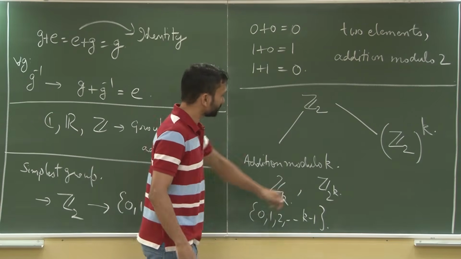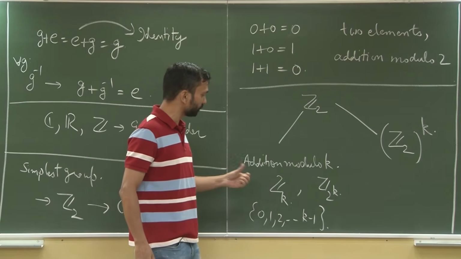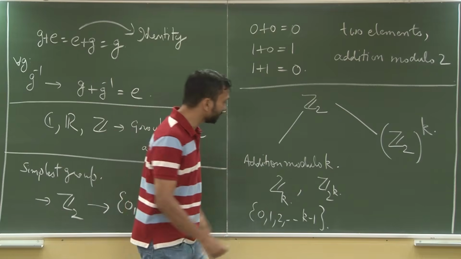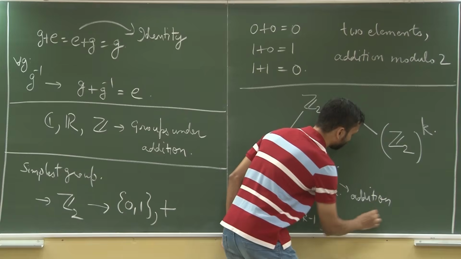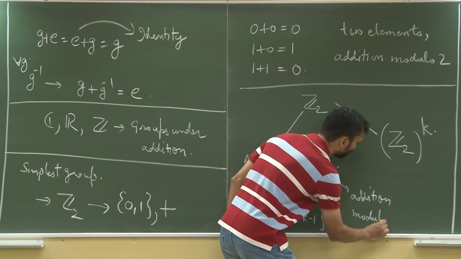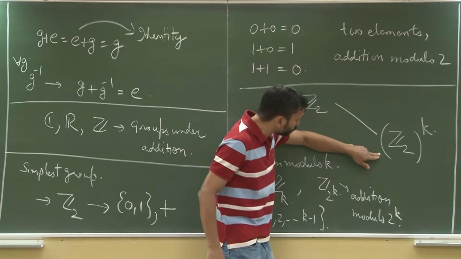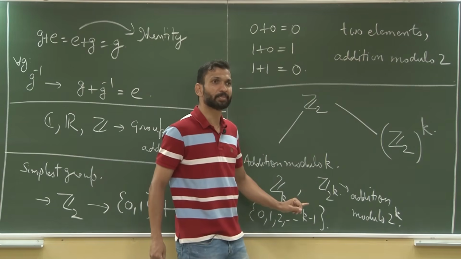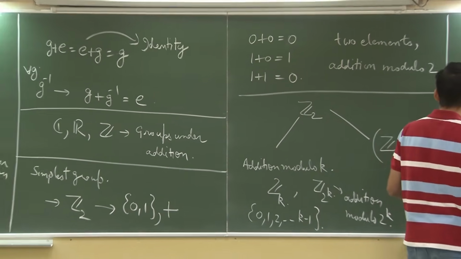So we have the group Z_{2^k}. This is a set with 2 to the power k elements where the operation is addition modulo 2 to the power k. This is also a group which has 2 to the power k elements, but the operation is going to be different. So let's see what this group is.